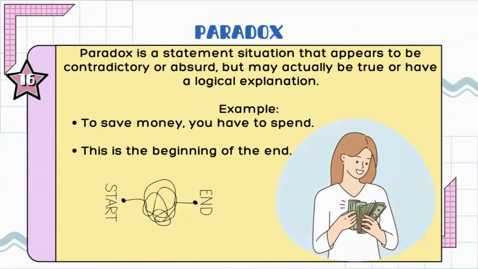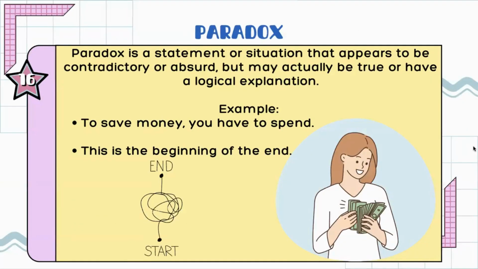Next, we are going to learn paradox. Paradox is a statement or situation that appears to be contradictory or absurd, but may actually be true or have a logical explanation. So paradox basically challenges our understanding of logic and often leads to deeper insights or philosophical questions.